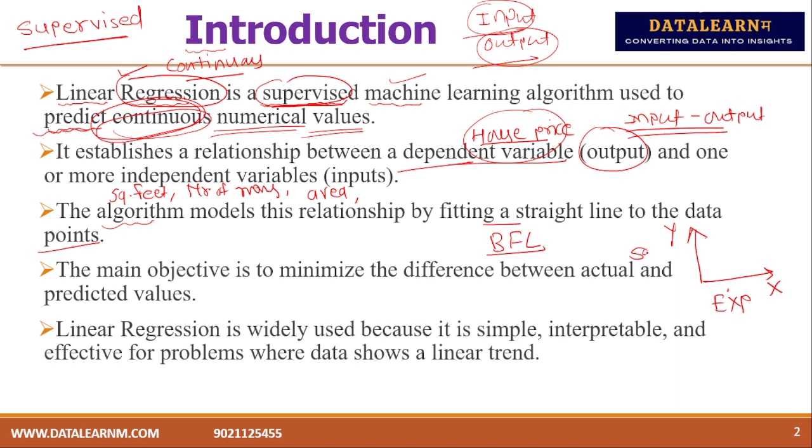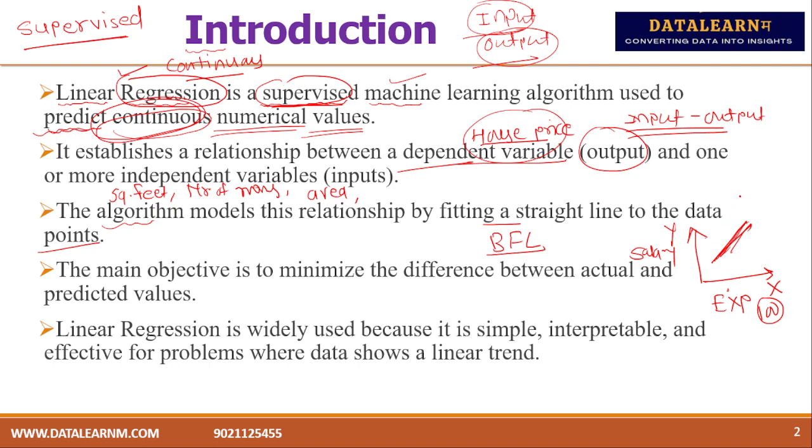And on the y-axis, what am I predicting? I'm predicting salary. So there will be some linear relationship. As experience increases, salary increases. Okay. So suppose 100 data points are there, 100 records for experience and salary. If we plot those data points with the help of a graph, it should give some best fitted line.